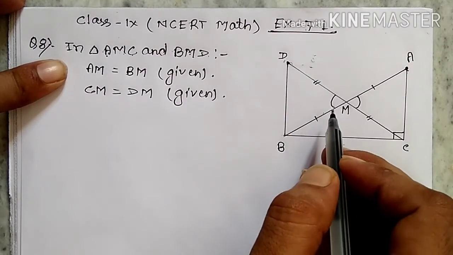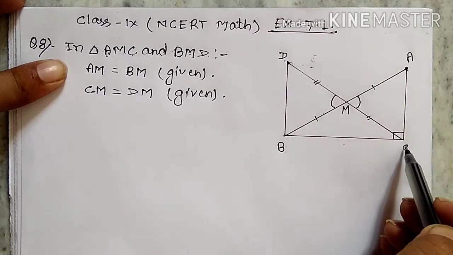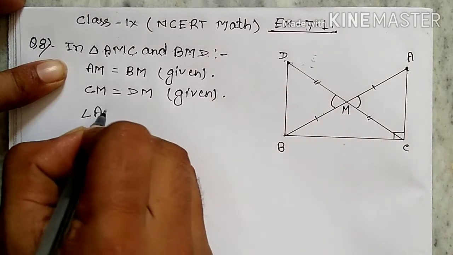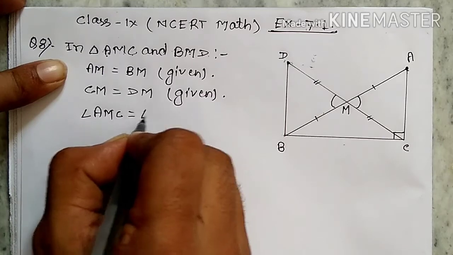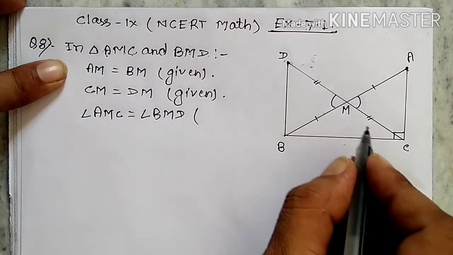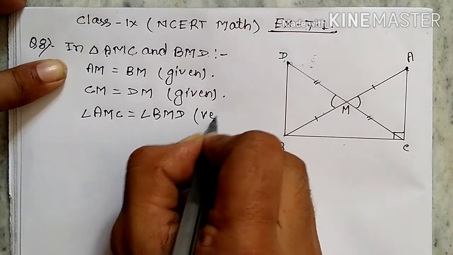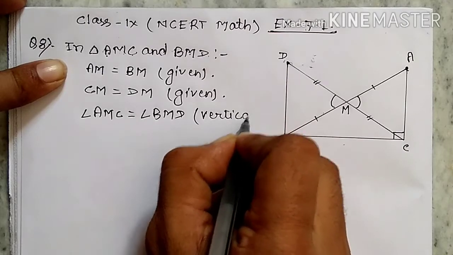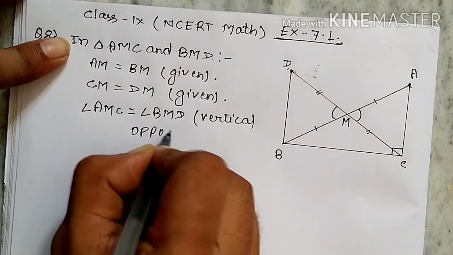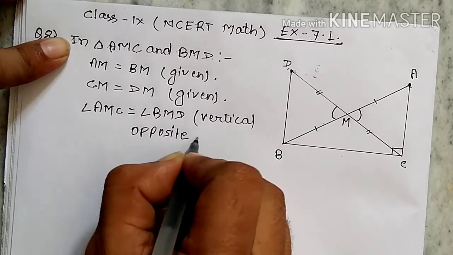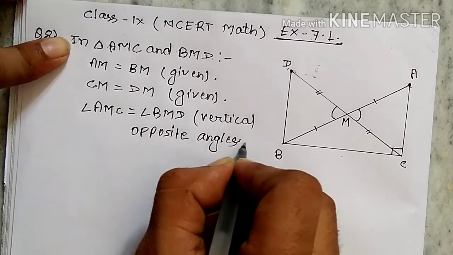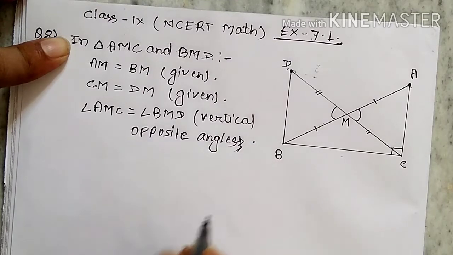And angle AMC is equal to angle BMD, because they are vertically opposite angles.